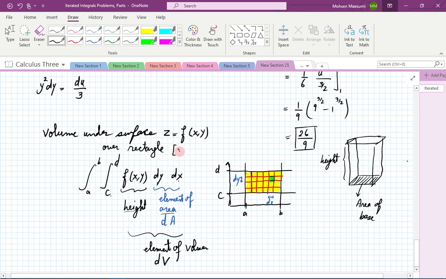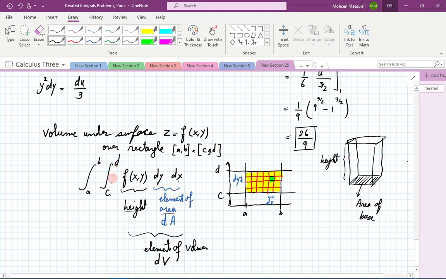Sometimes we write the rectangle like this: interval AB times interval CD. That is the rectangle that we have. So that's how to make sense of an iterated integral.